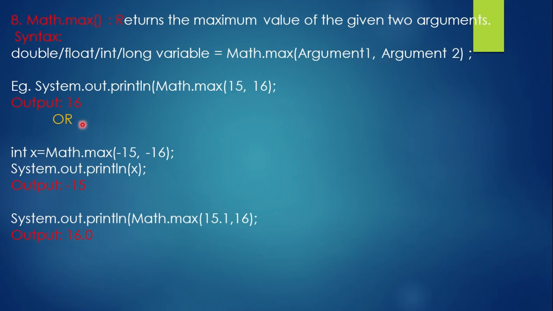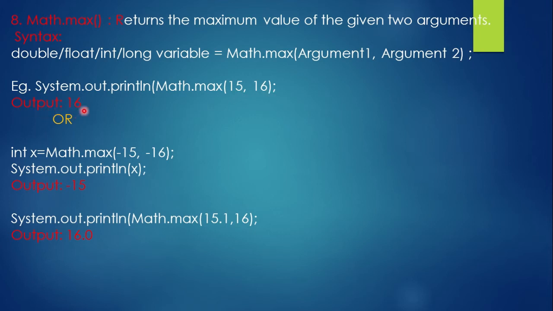See the example here. System.out.println math.max 15 16. Two arguments I am giving. These arguments can be of type double, float, int, long. At present, if we are not mentioning anything, these arguments are in integer form. So among these, which is the greater number? 16.